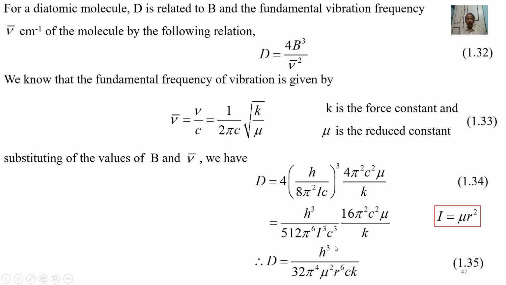And of course we know that I equals mu r squared. One mu is here, so here it is mu cube r to the power 6, and here one mu is there, so that will give us mu squared r to the power 6, and remaining c cube and c squared, and that will get cancelled. You have c and K is here, of course, so one can get the expression for D here.